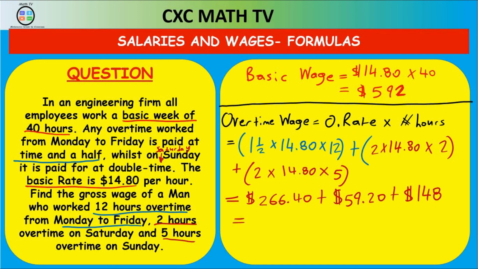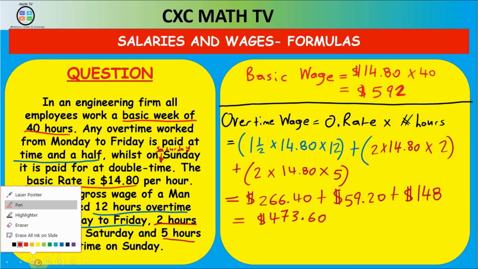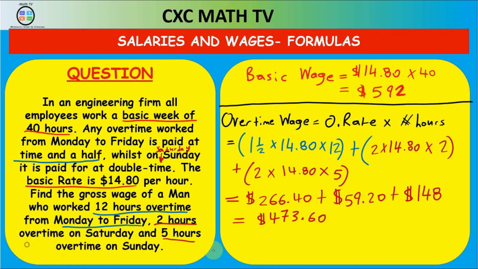Once you get all of that, you add them up to get your overtime wage. So 266.4 plus 59.2 plus 148, you get $473.60. Wow.